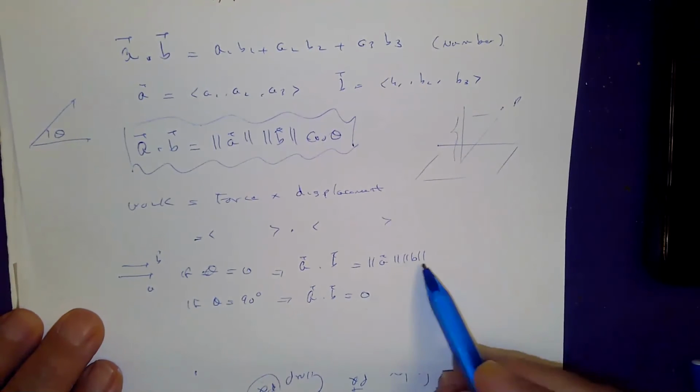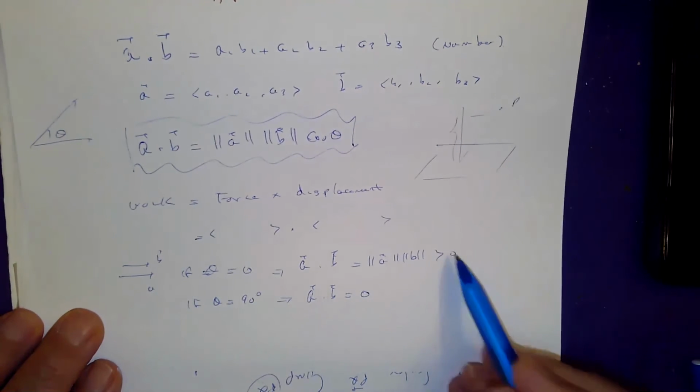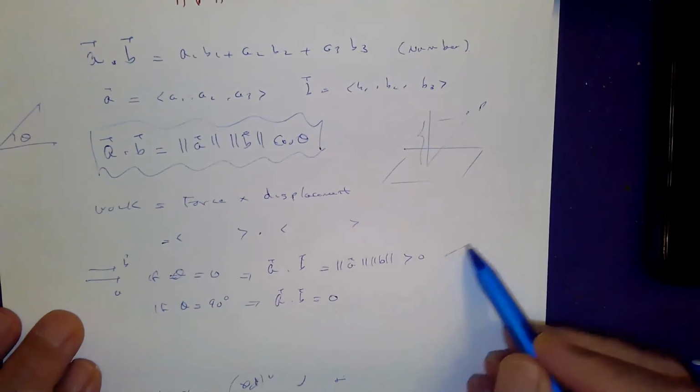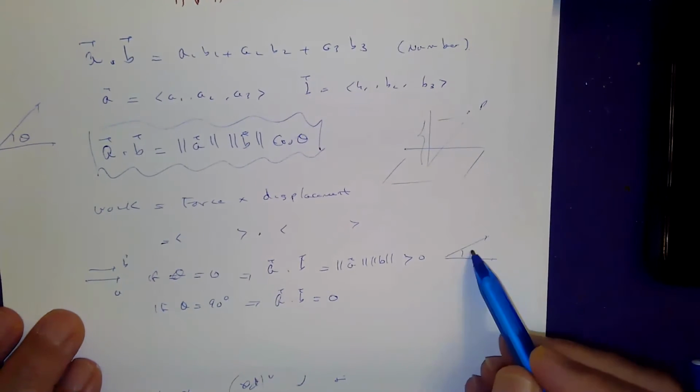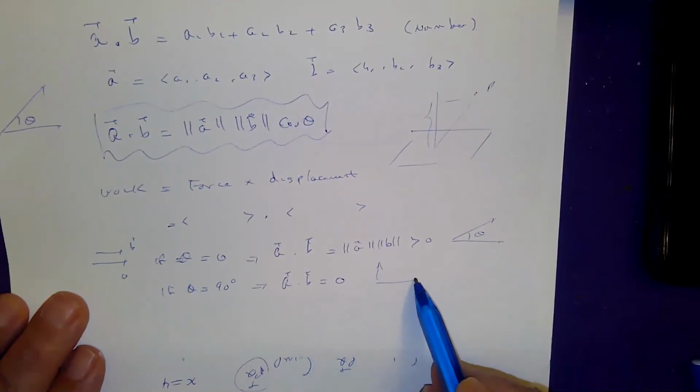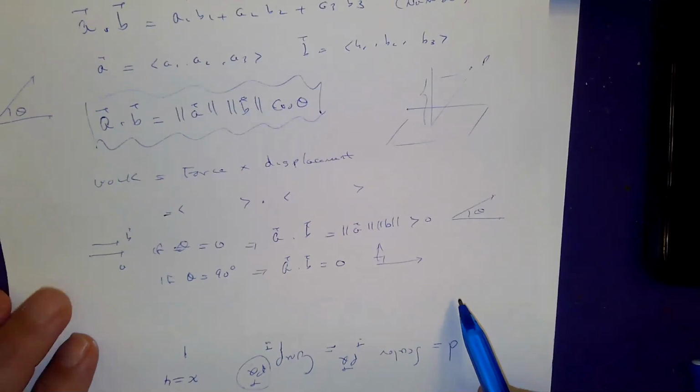For instance, if A dot B is positive, that means the angle happens to be acute. If A dot B is 0, the vectors happen to be at 90 degrees.